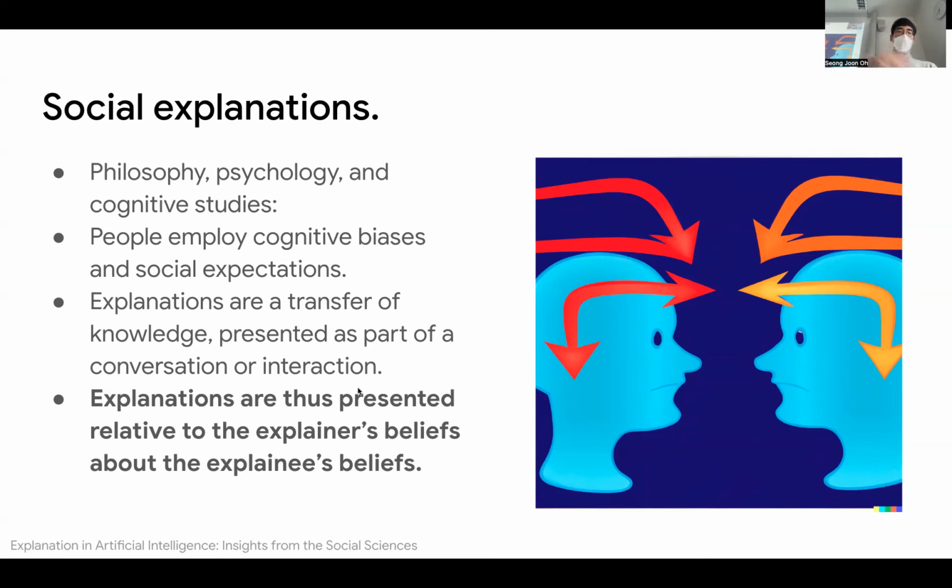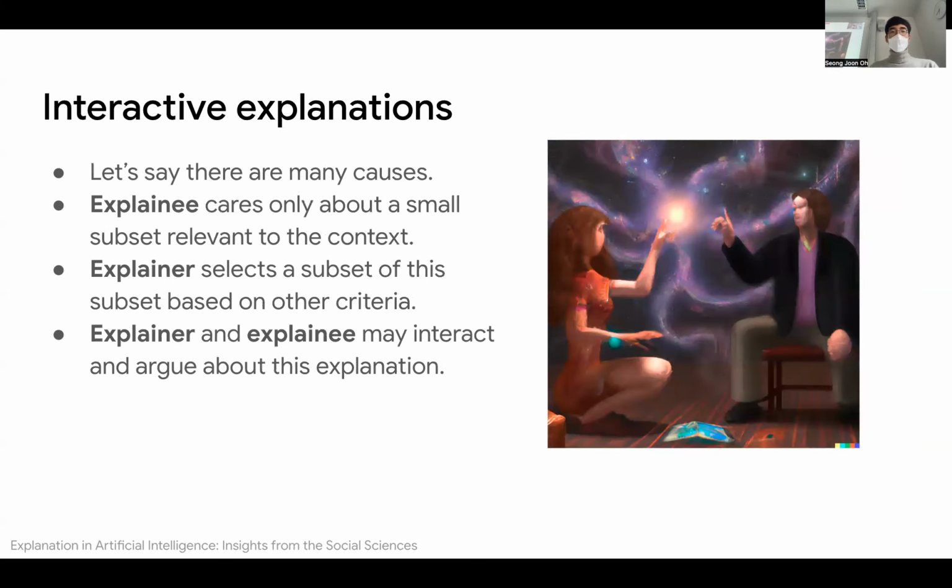But if we look back at XAI again, we realize that there's very little work on these kinds of interactive explanations yet. Typically we generate explanations that are human agnostic, explanations that should work for everyone. But if you look into how humans interact and explain to each other, it looks like we should actually generate explanations that are personalized to the explainee.